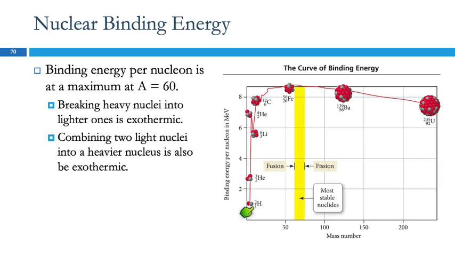H2, this is deuterium, is hydrogen with 1 neutron when it normally doesn't have any neutrons. And this is tritium. No, I'm sorry, that's helium. But this is down around 1 mega electron volt per nucleon.